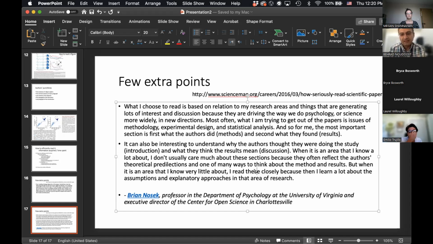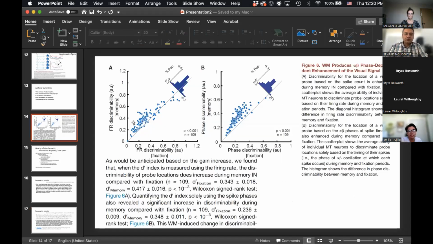You know what I'm saying? You just see this figure and think, okay, wow, that's a strong effect. That means most of the time neurons showed a higher firing rate during memory than fixation, and that's a pretty sizable effect. So I don't need to go read the author's interpretation, and you don't want to be spoon-fed by the author, basically.